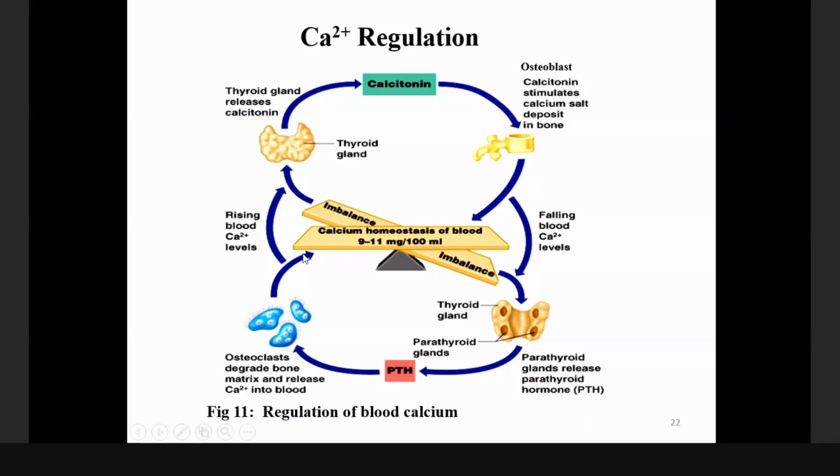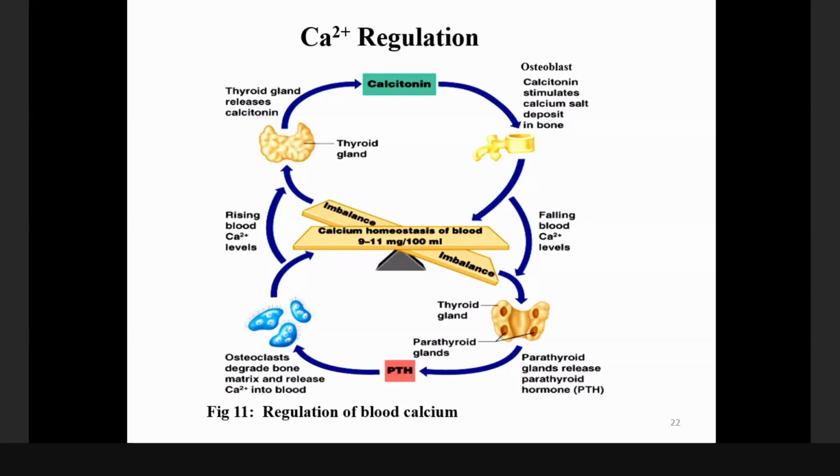So assume your blood calcium is rising or increased. So there is imbalance. If the calcium in your body is increased, that's imbalance. So homeostasis tries to return it back to normal.